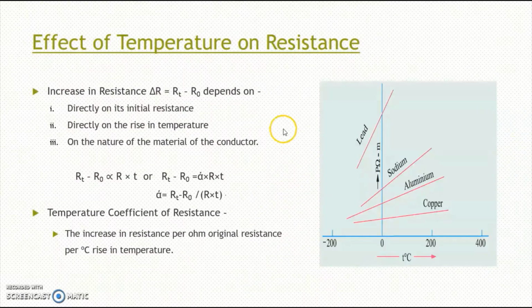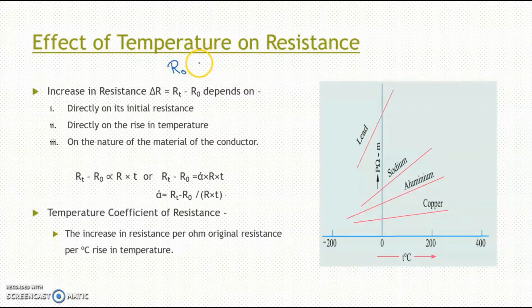Let's see the effect of temperature on resistance. We all know from the previous slides that temperature directly affects the behavior of Ohm's law, voltage, current and resistor parameters. So how does it affect them? Let's see. Say we have a resistor at 0 degrees Celsius, which we term R naught.